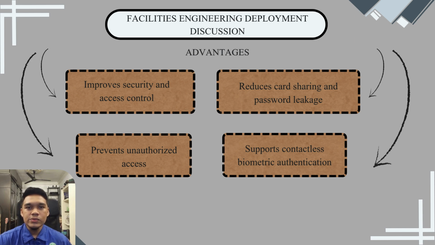Users can gain access without the need for physical cards, keys, or passwords, thereby enhancing both user convenience and system reliability. In conclusion, the implementation of the proposed Swin transformer-based face recognition system offers significant benefits in terms of security, reliability, and convenience, making it a promising solution for access control applications in facilities engineering.